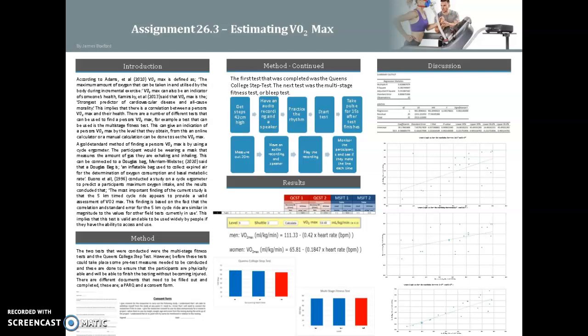So the multi-stage fitness test, which is maximal, and the Queen's College STEP test, which is submaximal. Because of the maximal part of the multi-stage fitness test, the researchers would need to ensure that their participants would remain safe throughout the duration of the testing.